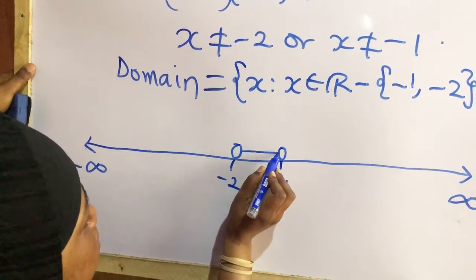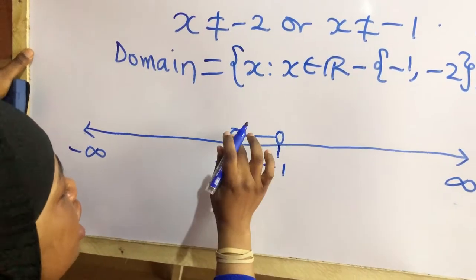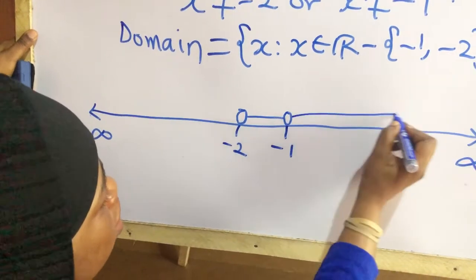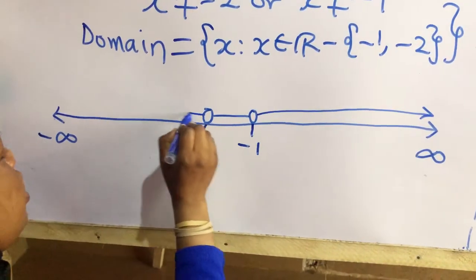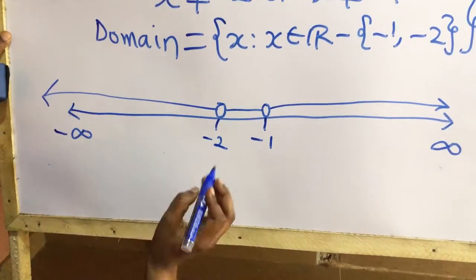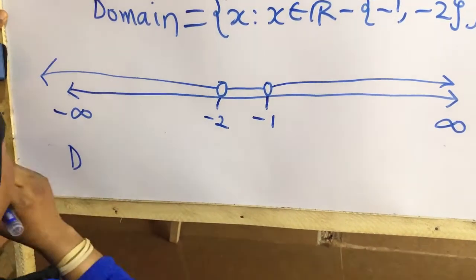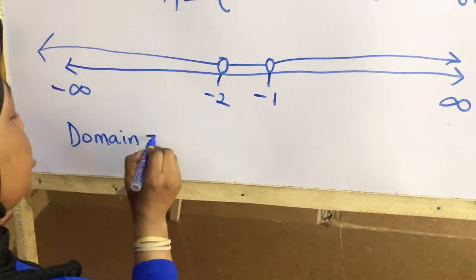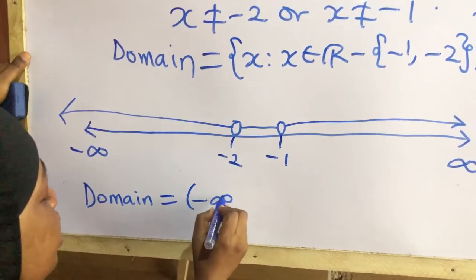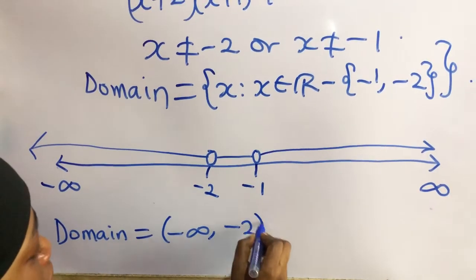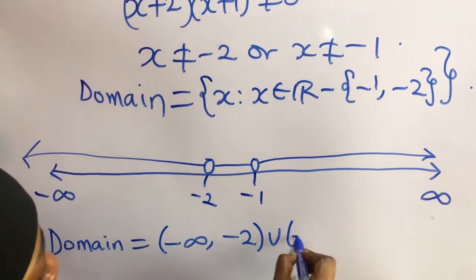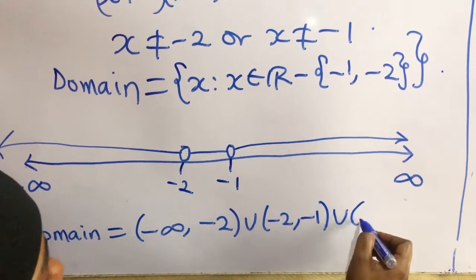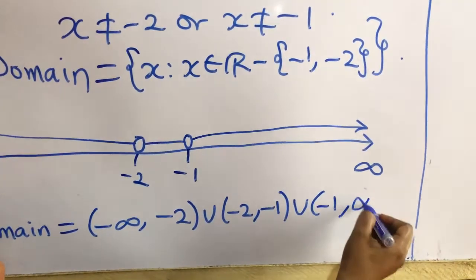So here, this one means that minus 1 and minus 2 cannot be included. So it goes like this, then it will go like this. So we can also say that the domain is equal to negative infinity, comma, minus 2, union, minus 2, comma, minus 1, then union, minus 1, comma, infinity.